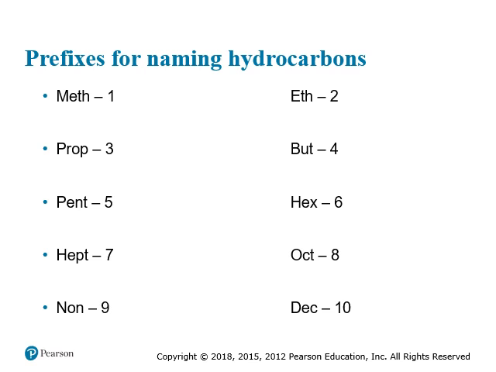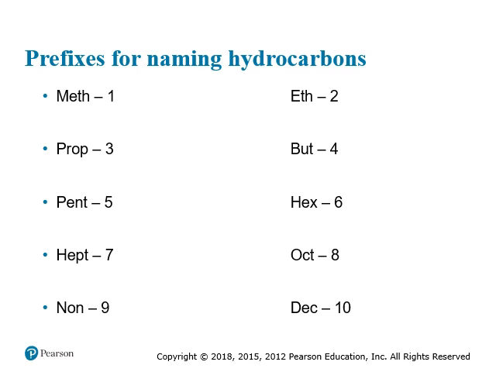So as far as those prefixes are concerned, here we see a list of the first 10 prefixes. 1 meth, 2 eth, 3 prop, 4 but, 5 pent, 6 hex, 7 hept, 8 oct, 9 non, and 10 dec.